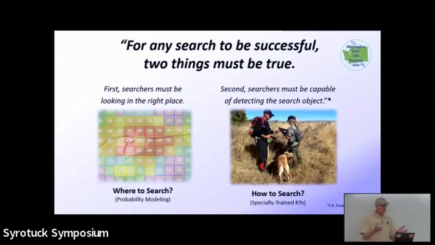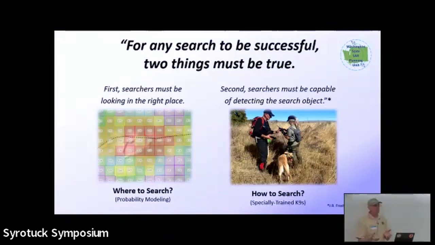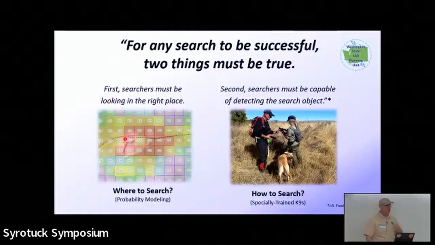First, searchers must be looking in the right place. And second, searchers must be capable of detecting the search object. So we address the first challenge by using our probability modeling, and we address the second challenge looking for very old buried remains by using specially trained HRD canines.